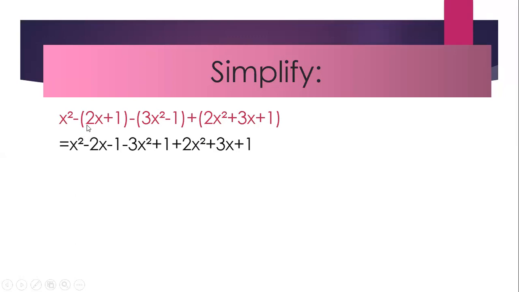What we have done? In the first step, we removed the small bracket and we multiplied the signs together. Now, in the second step, we are going to arrange the like variables together. Here is x squared, here is minus 3x squared, and here is plus 2x squared.